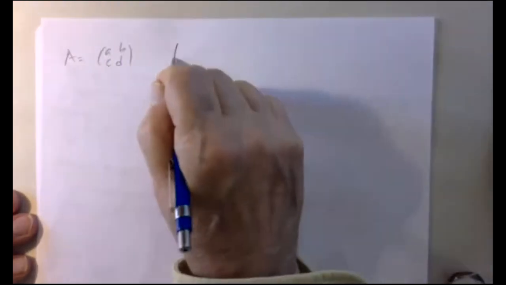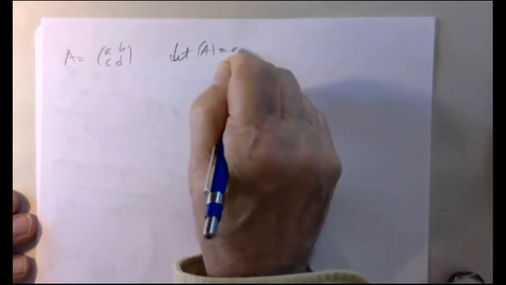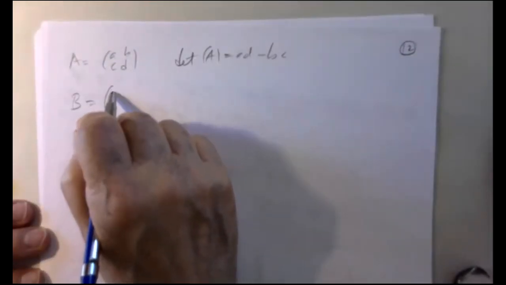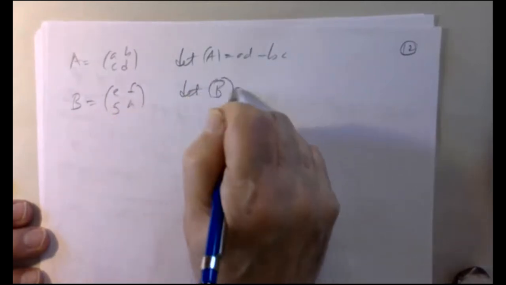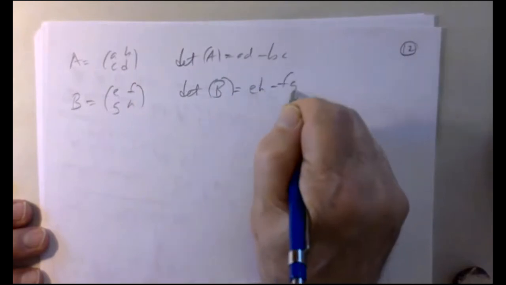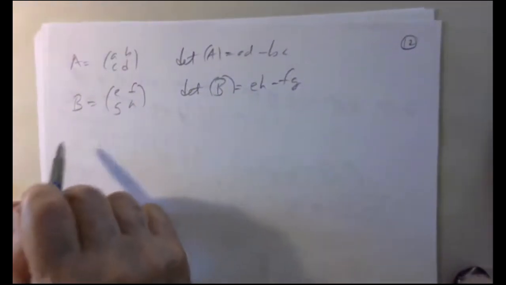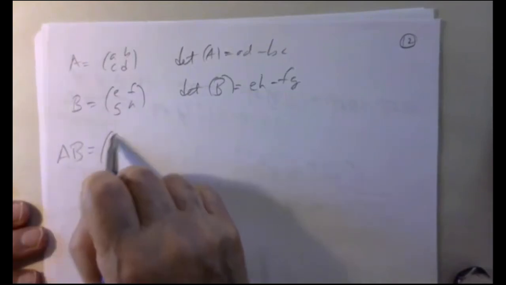So if A is the matrix A, B, C, D, the determinant of A is AD minus BC. And if B is the matrix E, F, G, H, the determinant is EH minus FG. What is the matrix AB?